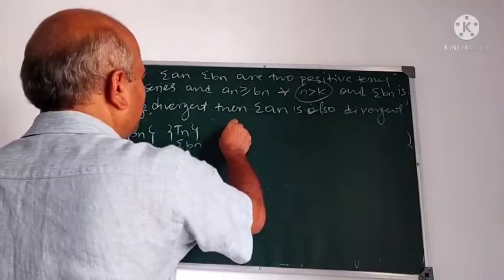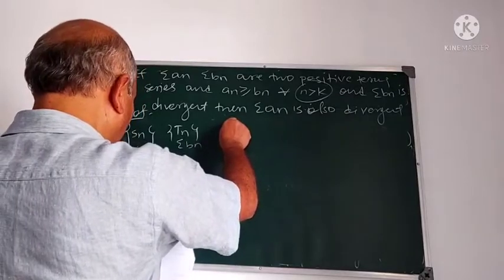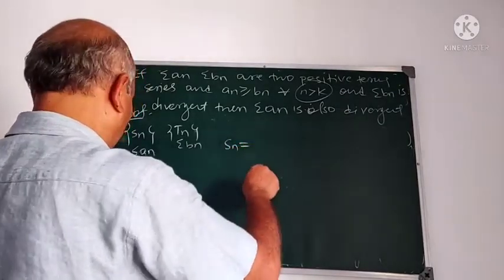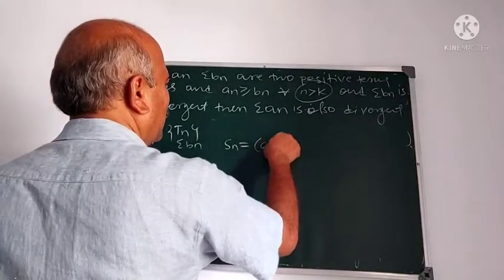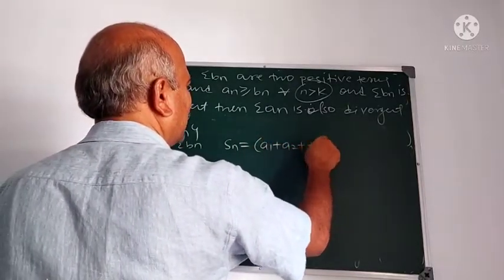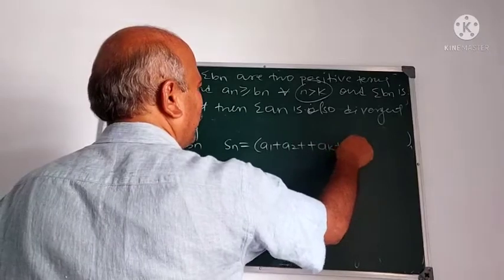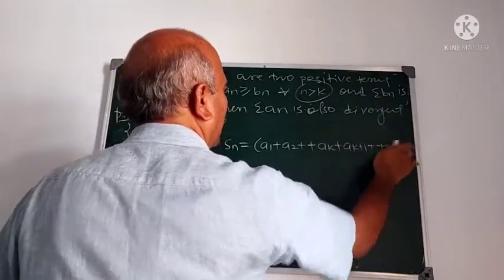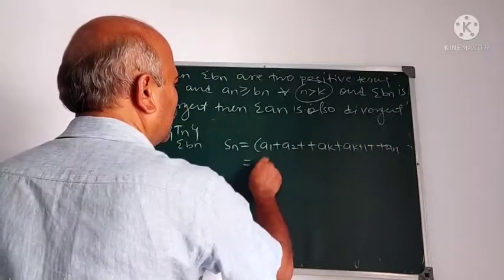What is Sn? Sn is a1 plus a2 plus etc. plus ak plus ak plus 1 plus etc. plus an. Now the first k terms give Sk.